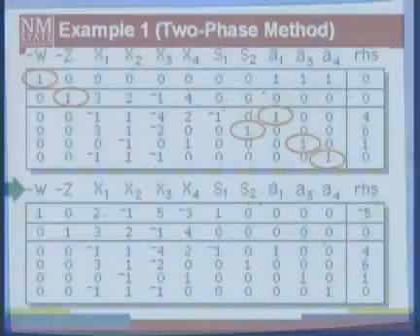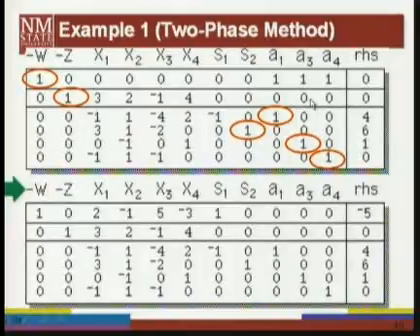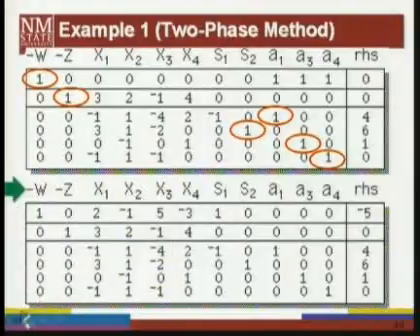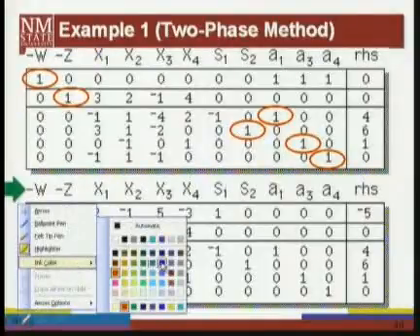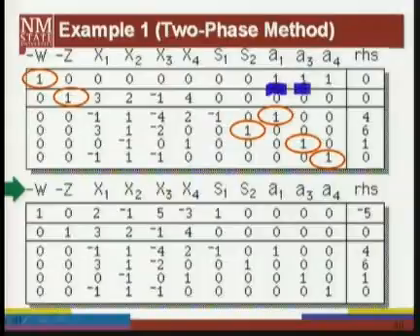So in this case, we have artificial variables in the objective function row, right?